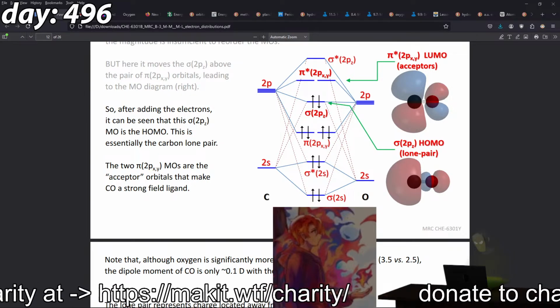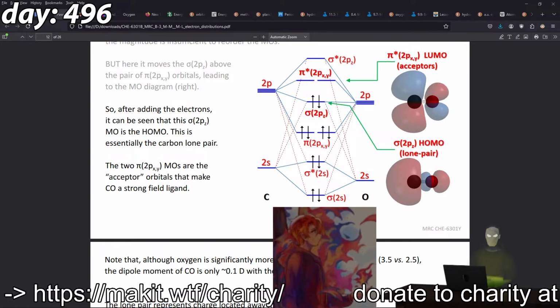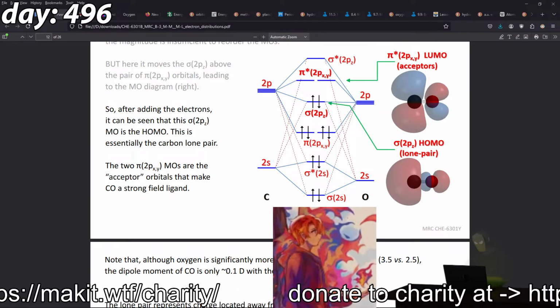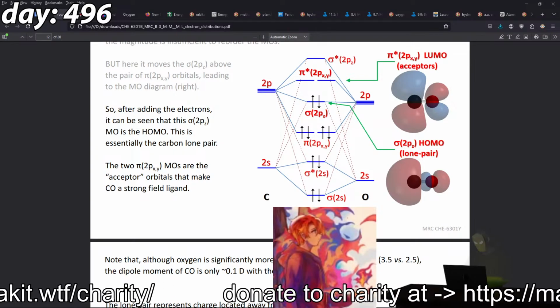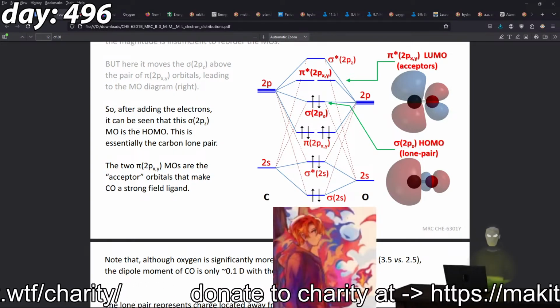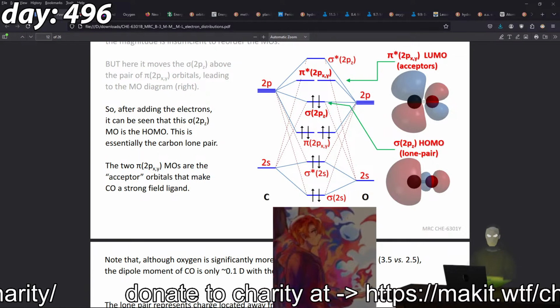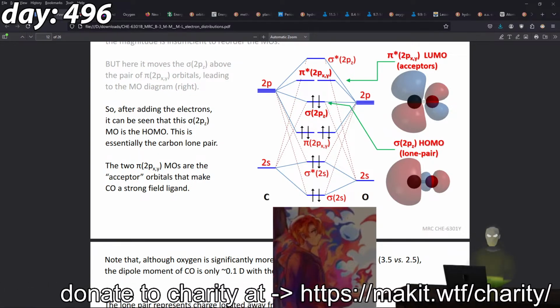Wait, is endothermic absorbing energy or absorbing thermal energy? I think just thermal energy. I mean, what other energy would you absorb? That would make sense, because then it's explosive because it's absorbing thermal energy and turning it into, well, the explosion.